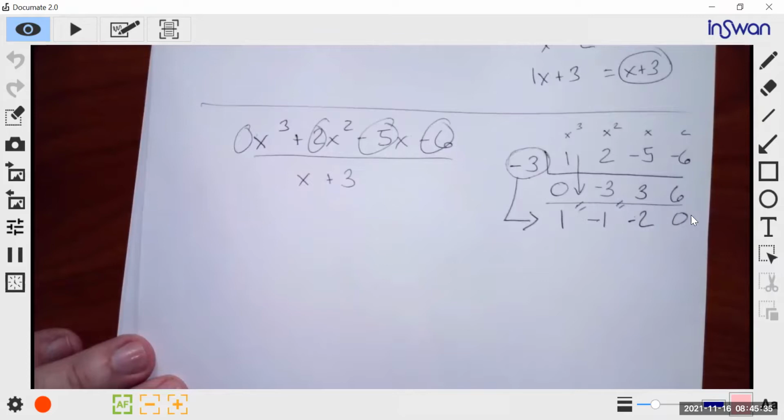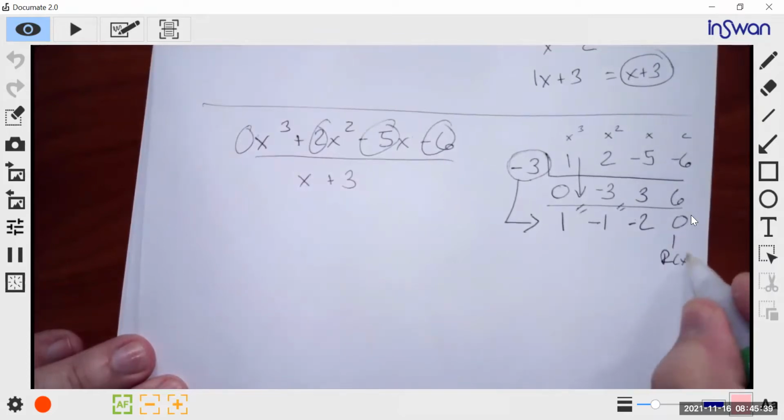So is x plus 3 a factor? Yes, because the remainder is 0.